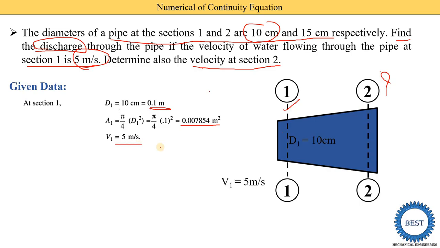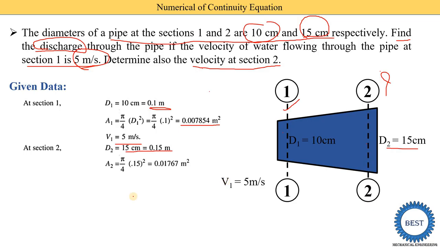And then the second parameter is given from section 2. At section 2 the diameter is given, that is 15 centimeters. So 15 divided by 100, we get the answer in meters, that is 0.15 meter. In this diagram we also mentioned that D2 is equal to 15 centimeters. And from this diameter we find out the area by using this equation, pi by 4 into d square.